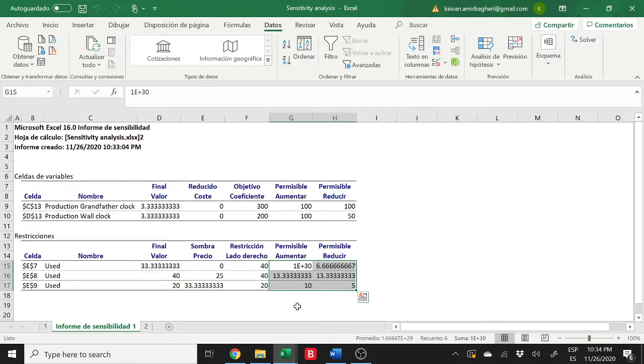As you see here, for example, for this value of T, it's plus or minus 13.33, or for the values of x's, our decision variables, again it reports the allowable range for these values that we have.